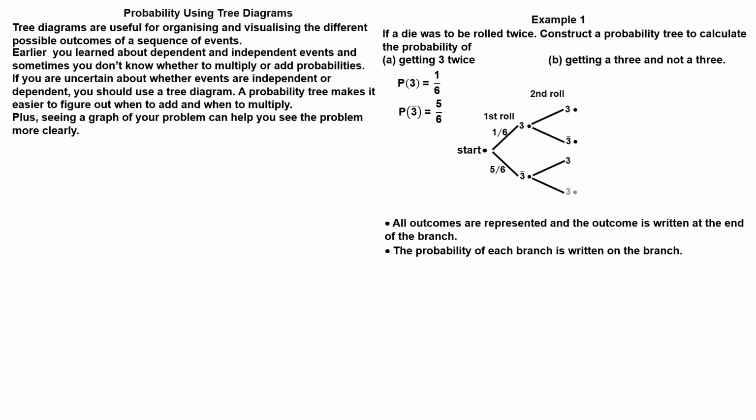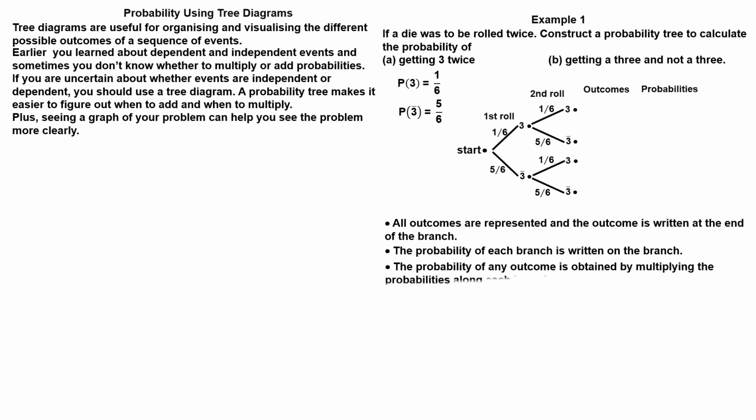The probability of each branch is written on the branch. Now it's very easy to find the overall probabilities. The probability of any outcome is obtained by multiplying the probabilities along each branch.